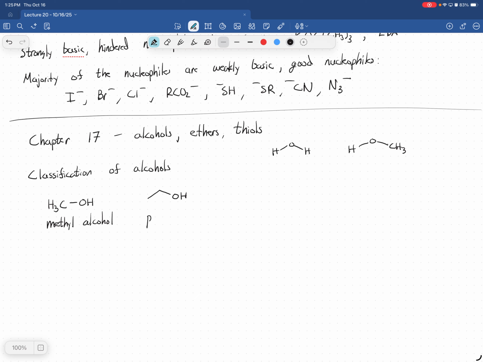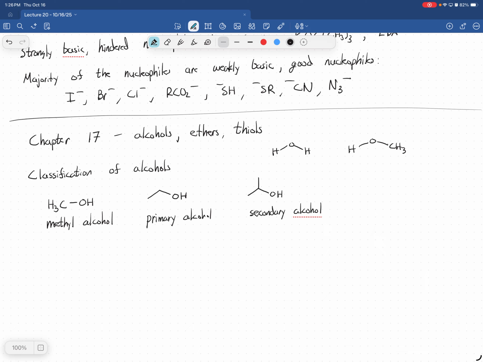That's the reason. So I'll show you an example of what a secondary alcohol looks like. The most common example is what you buy at the drugstore, maybe for disinfection, isopropyl alcohol. So this is a secondary one. So why is this one called secondary? It's bonded to a carbon atom that is what classification? Secondary, yeah.